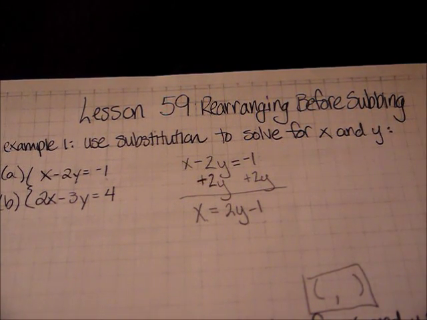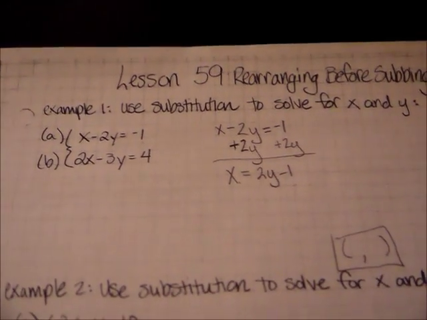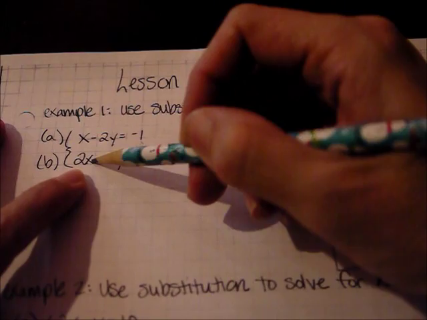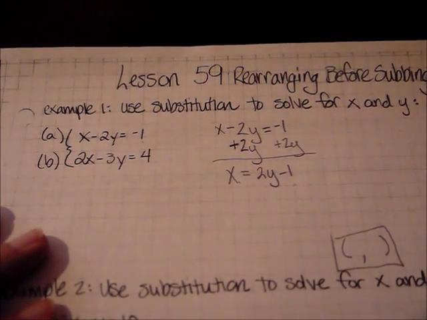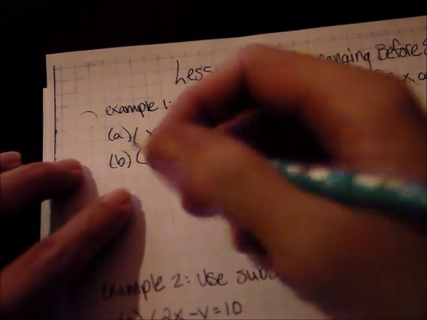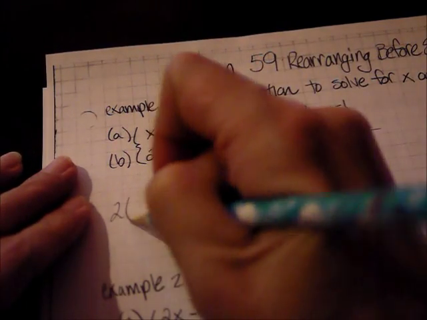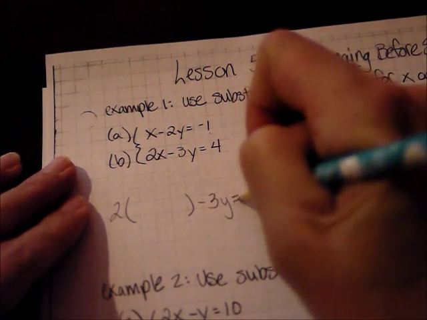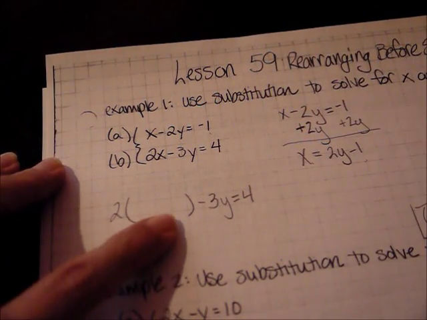Now I can take what x equals there and plug it into x up here. Okay, like we did, oh, I don't know, I think it was lesson 57. I'm not sure. So I'm going to rewrite this one with a big spot to fill in what we are substituting. Okay, do you see that?